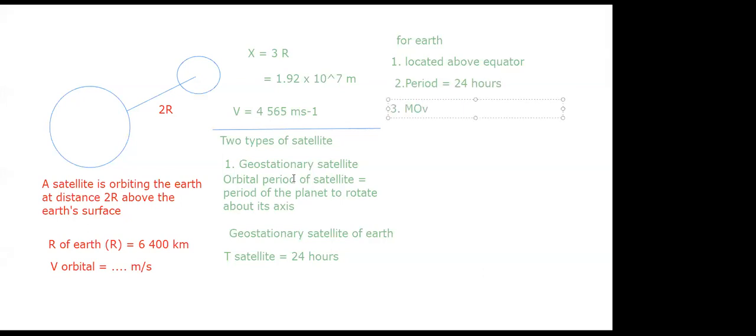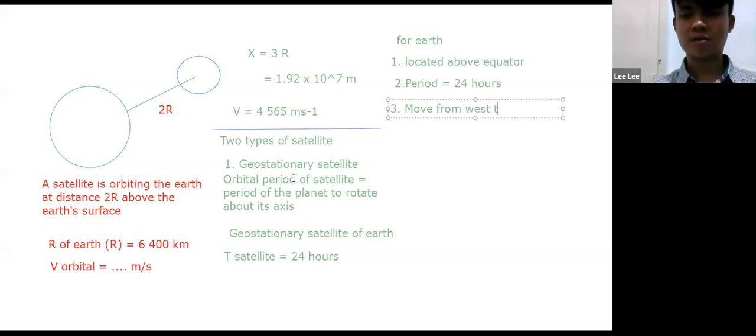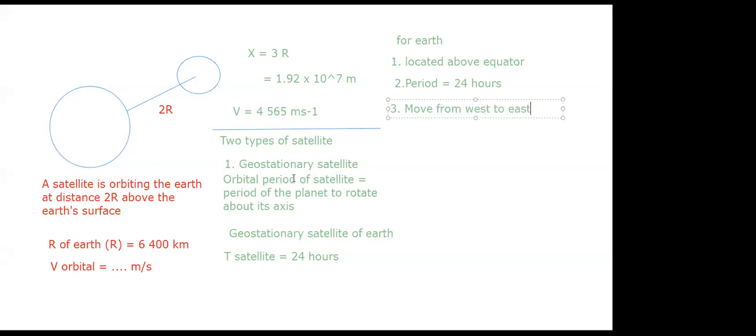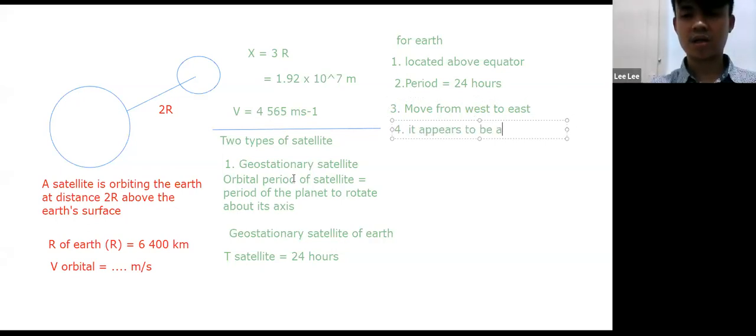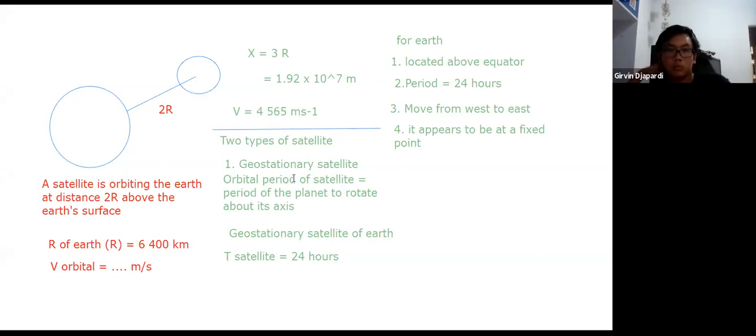It moves from west to east, and it appears to be at a fixed point. Because it revolves around the Earth with a period of 24 hours, does it appear to be moving? No, it appears not to be moving. That is the first type of satellite.